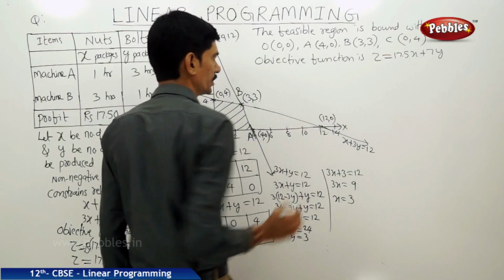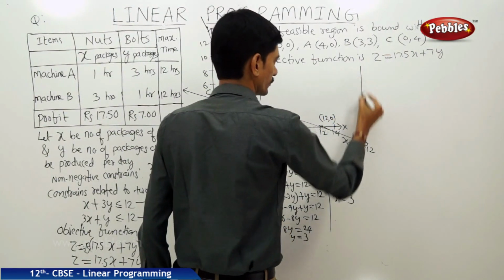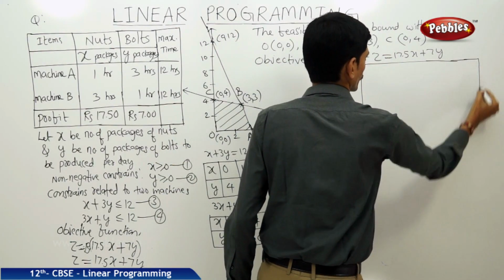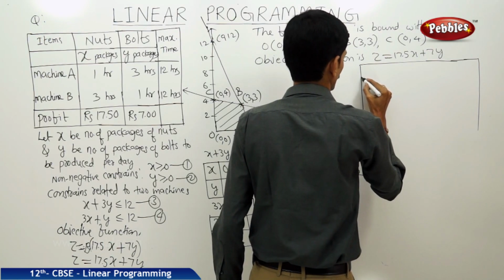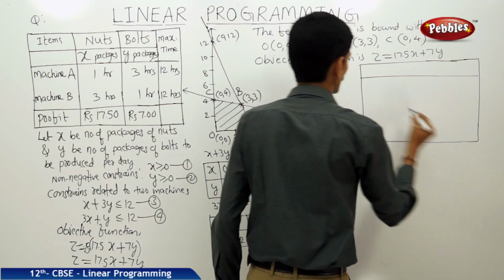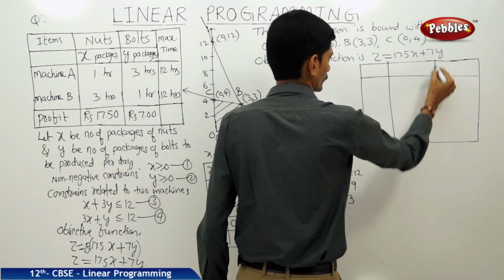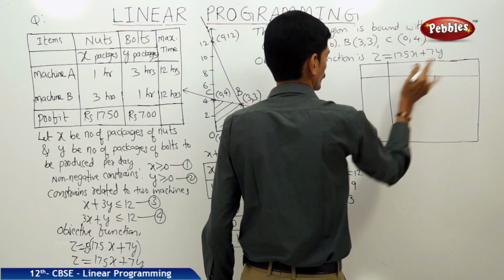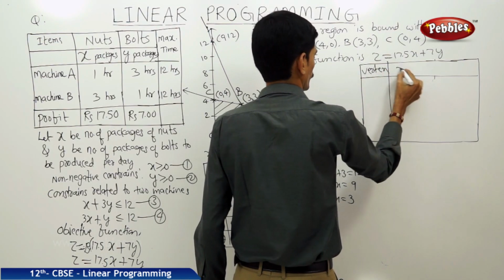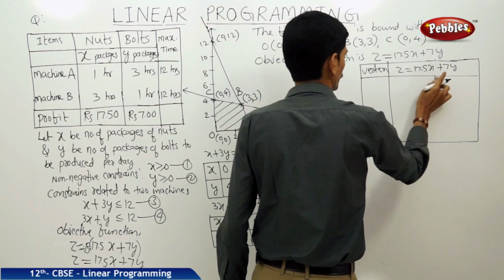Now at each of the vertices we have to find the objective function, Z equal to 17.5x plus 7y.